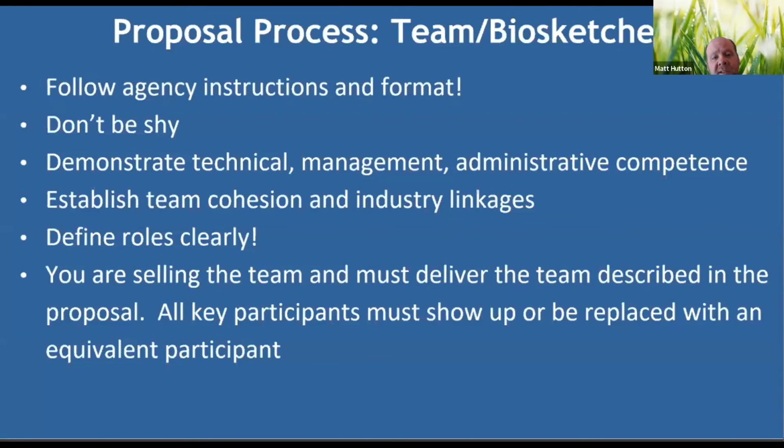And then just know you're selling the team. You must deliver the team as described. So if you're including someone's resume, you need to have that person show up to do the work. Otherwise, you need to offer them an alternative. So the onus is on you if somebody drops out of the project to deliver somebody who has an equivalent resume, basically somebody who's also qualified.